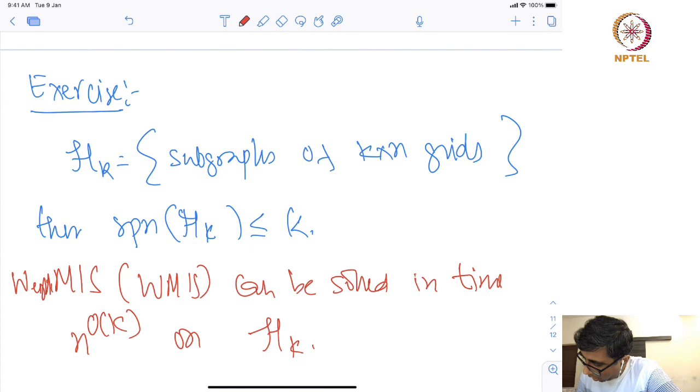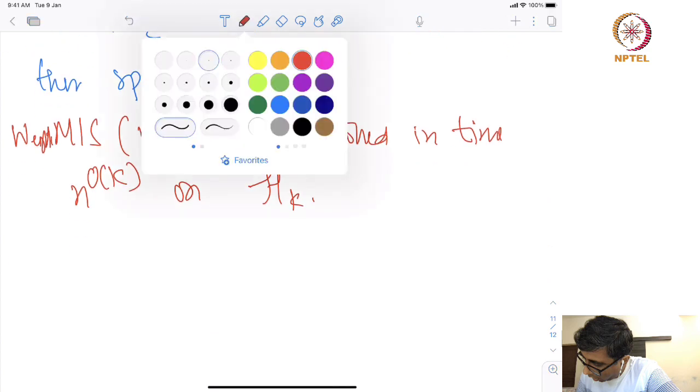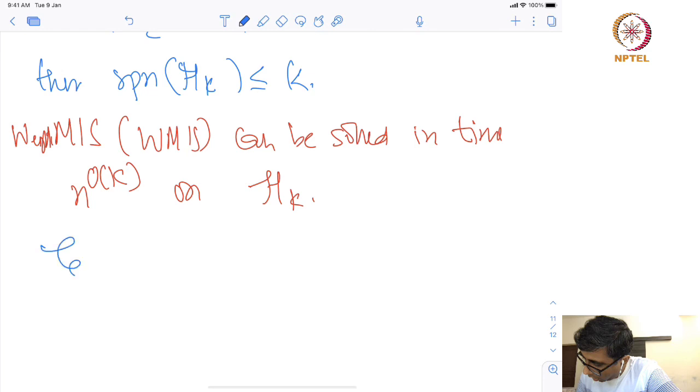So, the theorem we have proved: let Z_k be the family of graphs containing all those graphs G such that the separation number of G is at most k.